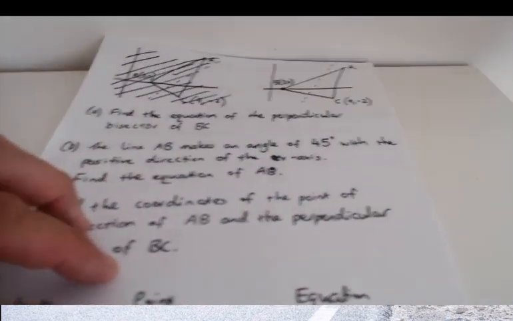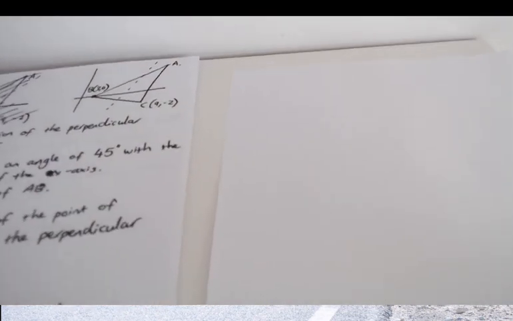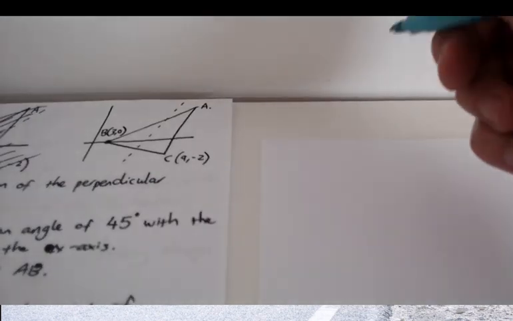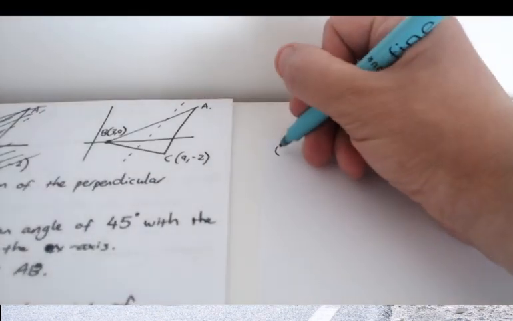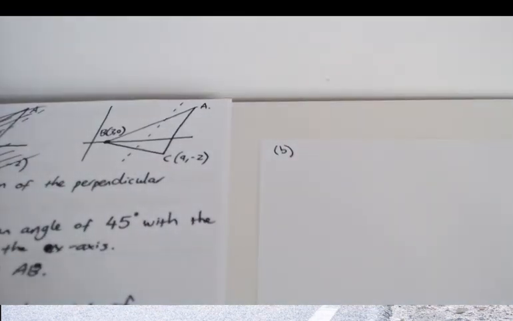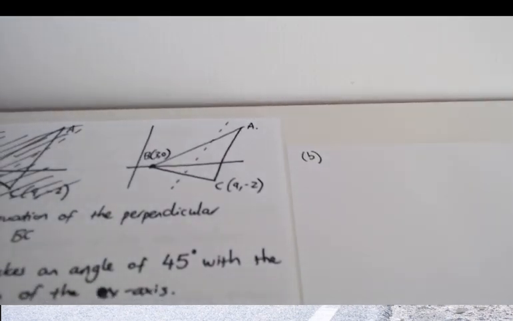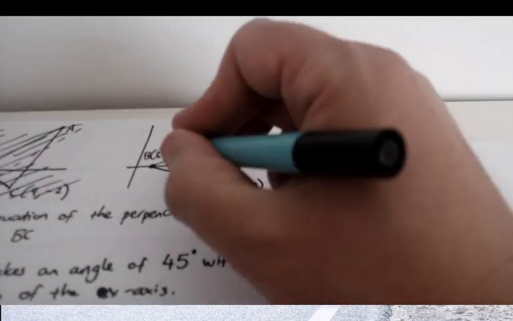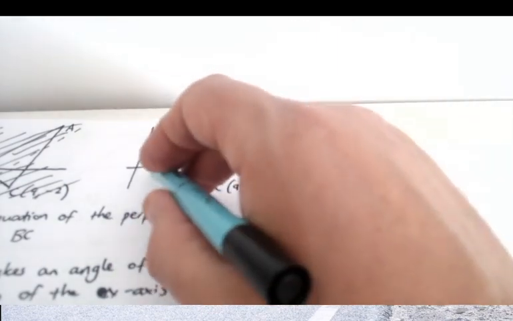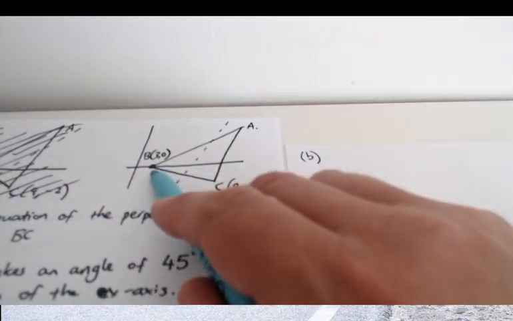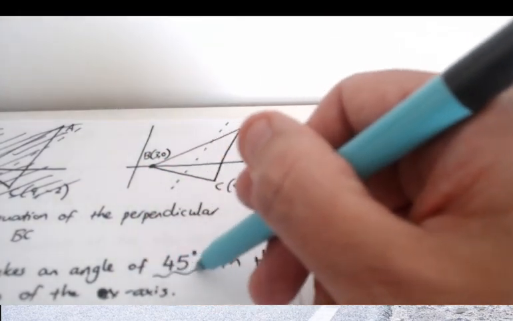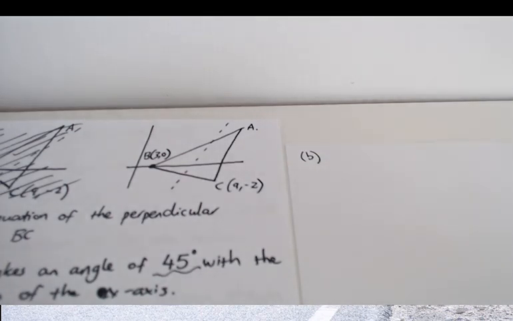Right, part B. It wants the equation of the line AB. Remember, for the equation of the line we need the gradient and we need a point. It's this line here. We've got a point, we need the gradient. It tells us that the angle is 45 degrees, so that's how you're going to go ahead and do it.